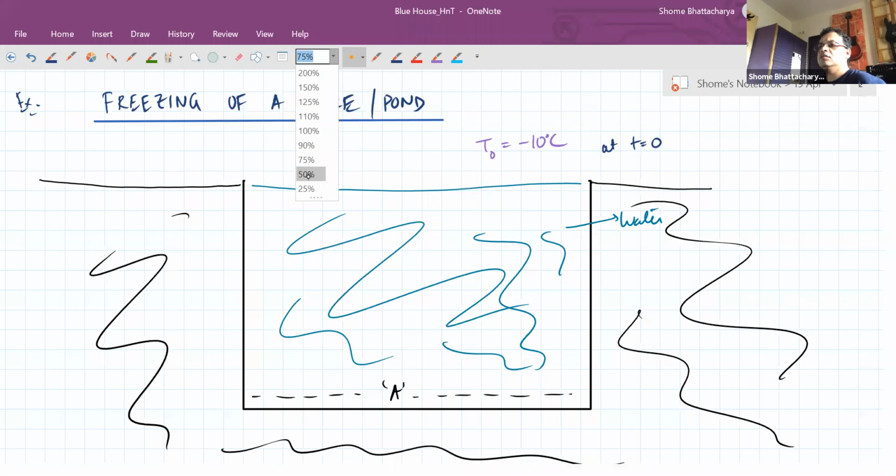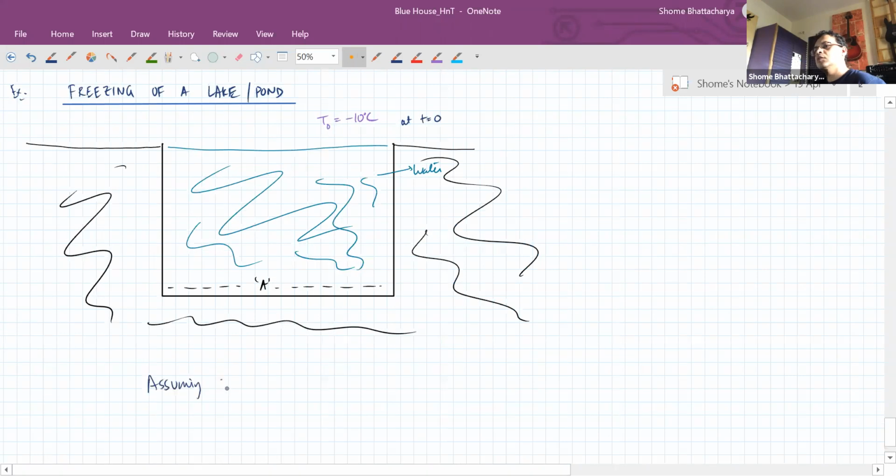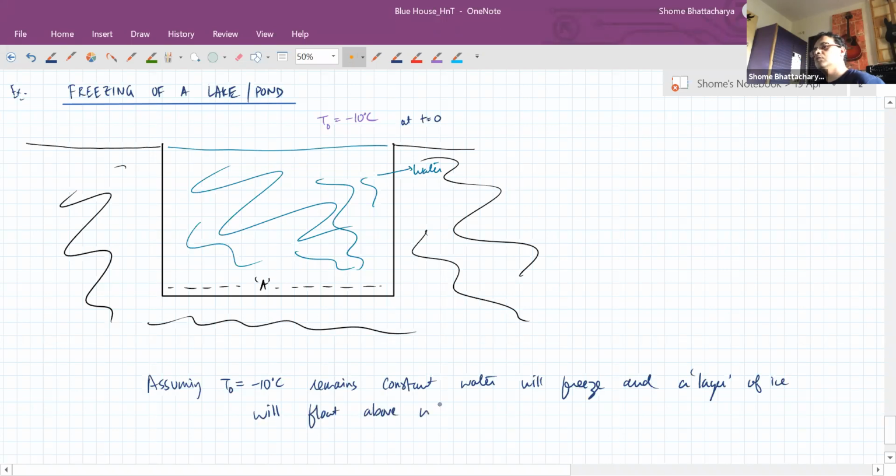So now assuming that the outside temperature remains constant, T naught equal to minus 10 degrees C remains constant, which also doesn't happen actually. The temperature varies through day and night a little bit, but let's just take an ideal condition where through day and night the temperature is remaining constant outside at minus 10 degrees C. Water will freeze and a layer of ice will float above the water.